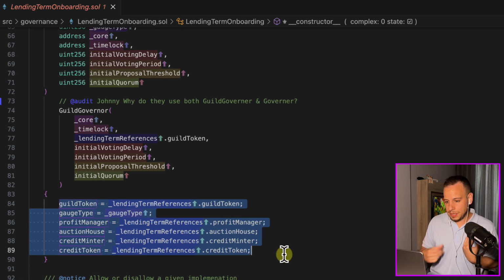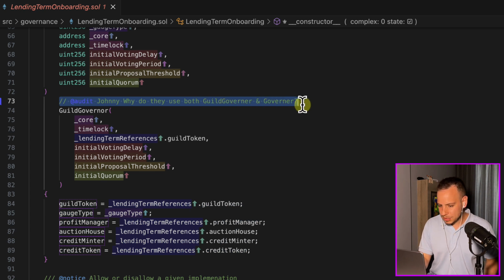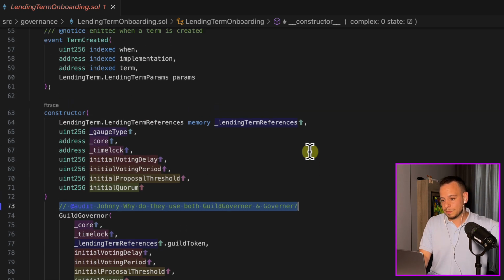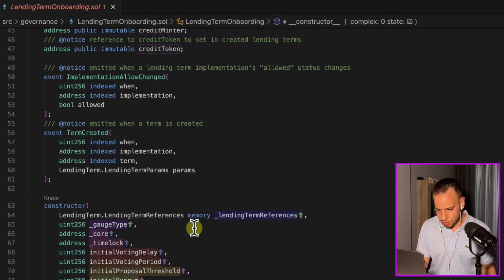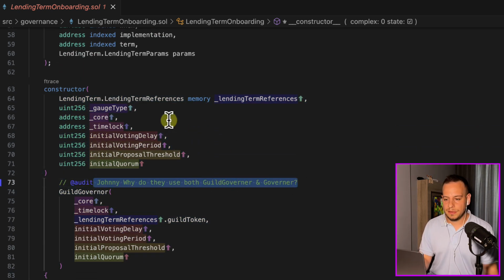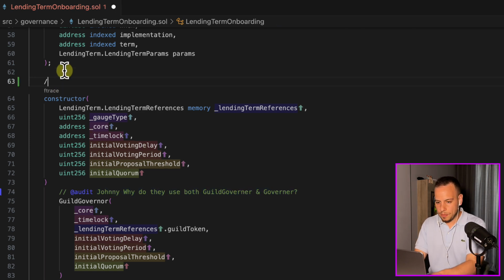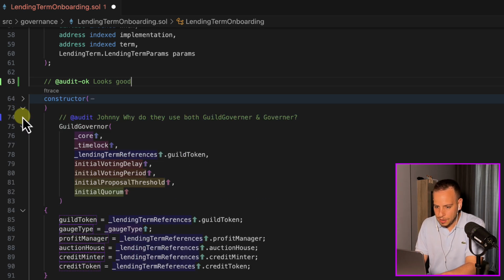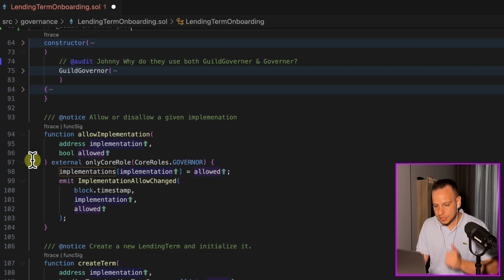So what helps me is first writing these audit comments, not only audit issues, but explaining the protocol to myself. If I read a constructor and I have something to say, I will write it. If the constructor looks okay, I will add a comment here, audit, okay, looks good, or nothing to see here. And then I will fold it down over here and move on to the next function, okay?